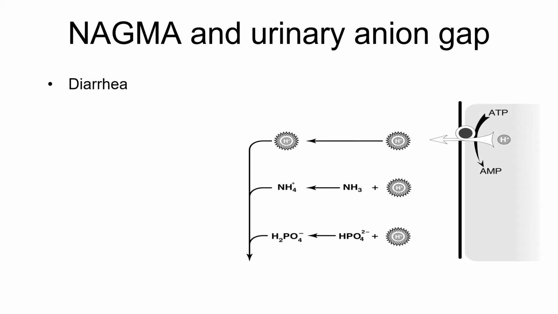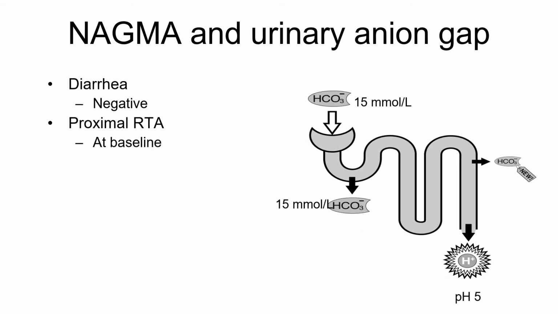So in a person with non-anion gap metabolic acidosis, let's see what the urine anion gap should look like. When you have severe diarrhea, the kidney is working very well in pushing all the hydrogen out. The ammonium is working fine, and your urine anion gap would be really negative, right? Whereas in a proximal RTA, it kind of depends on what is happening at baseline.